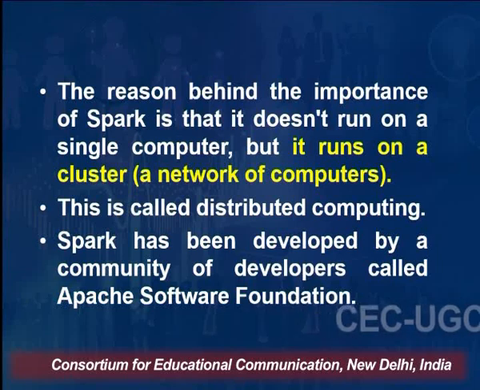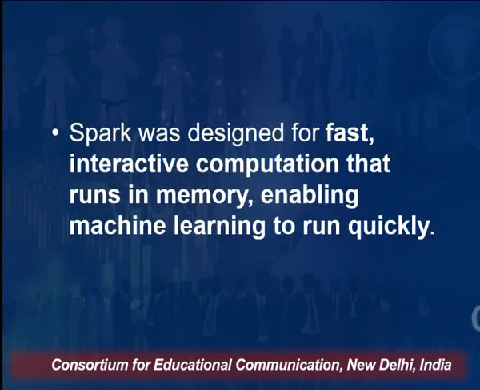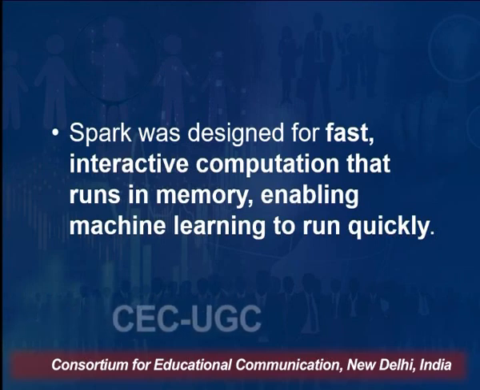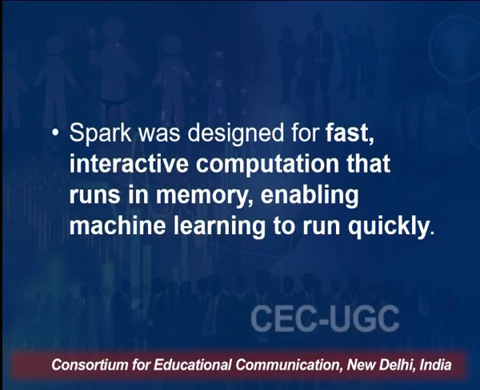Spark was designed for fast interactive computation that runs in memory, enabling machine learning to run quickly. This is the motive for which it has been designed, to ensure fast interactive computation running in memory and enabling machine learning to run quickly, or what you call real time basis.